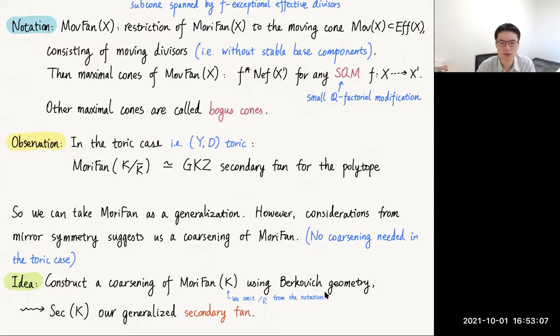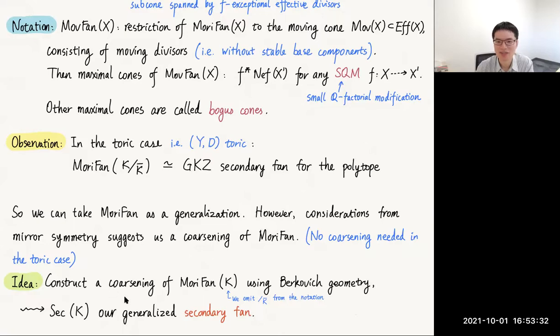So we would like to use Berkovich geometry to coarsen a little bit our Mori fan, and that will be our generalized secondary fan. We will denote it by sec of k. Yeah, so let me explain this.